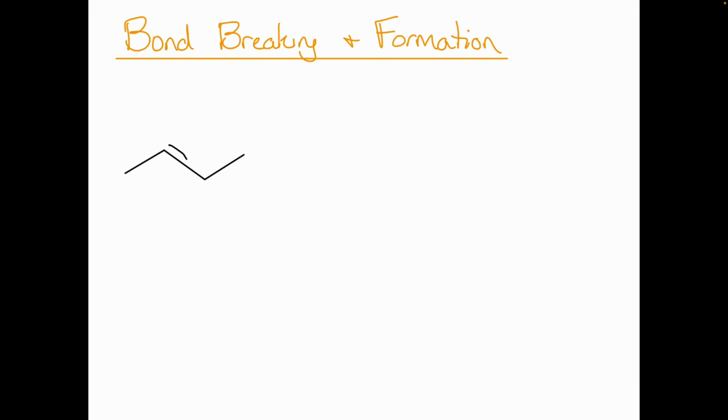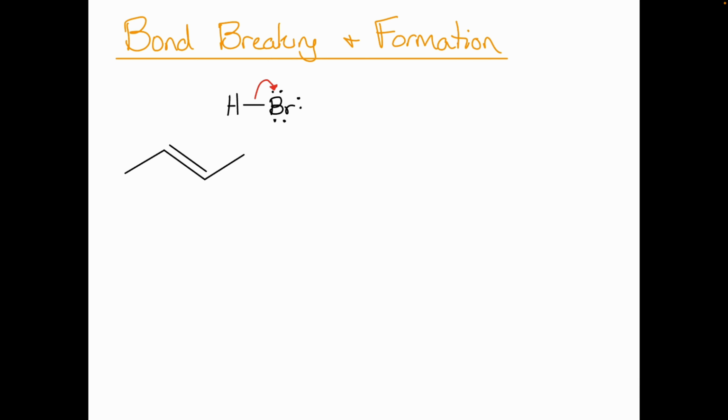All right, we have this carbon-carbon double bond here. If we react this with, let's say, HBr, okay, we're going to get one normal one that we saw before. We're going to have our normal old bond breaking arrow here.